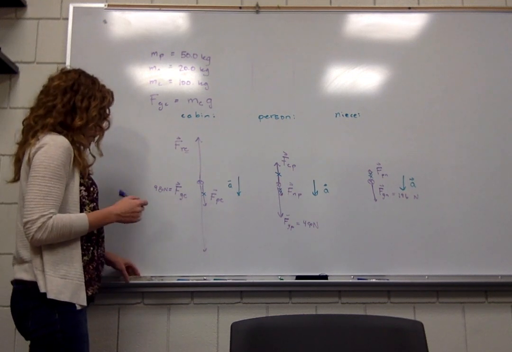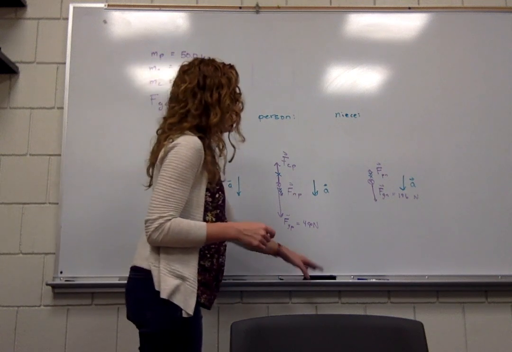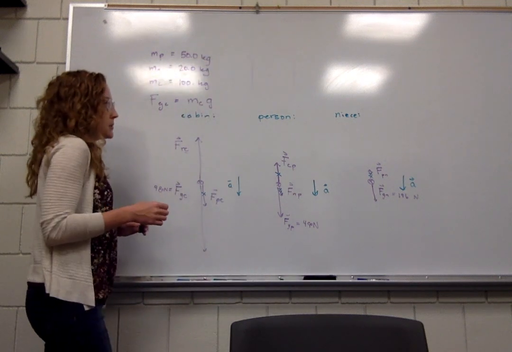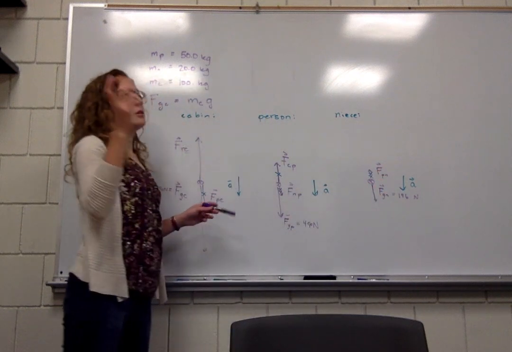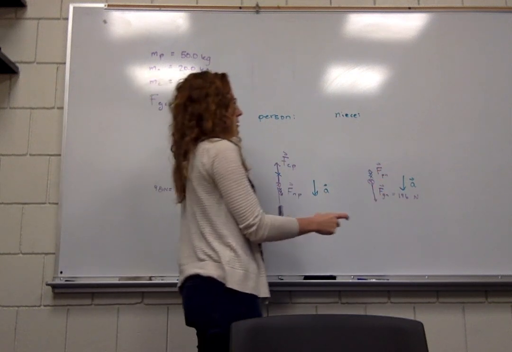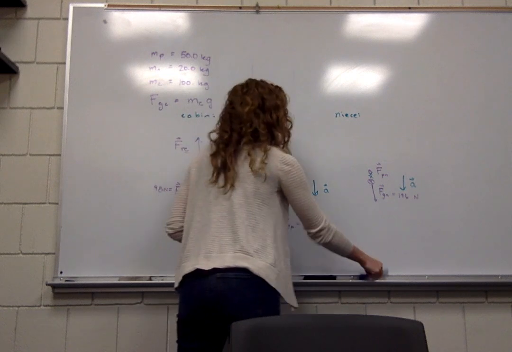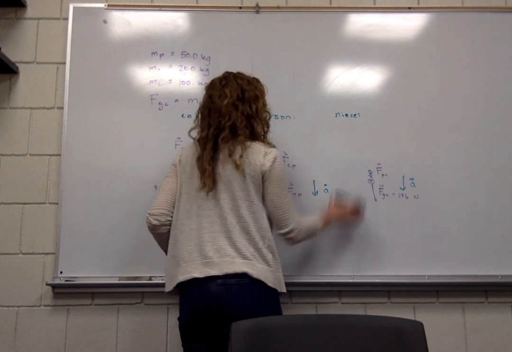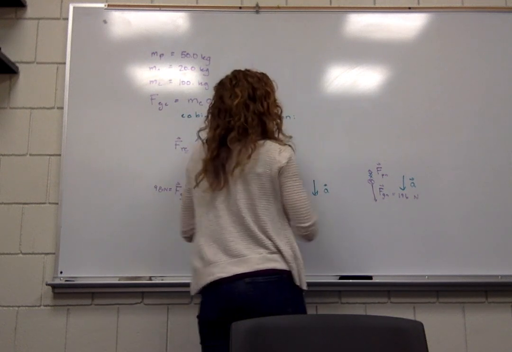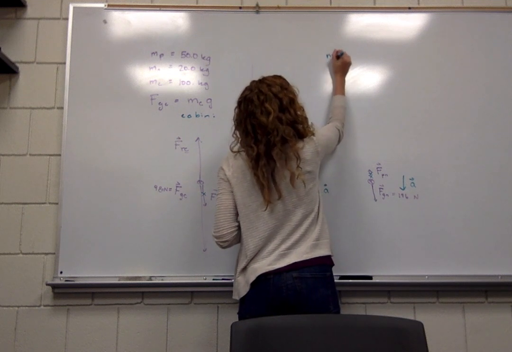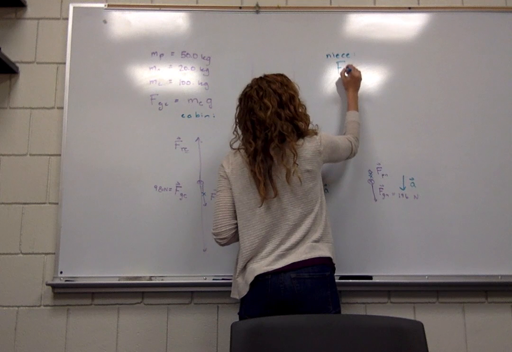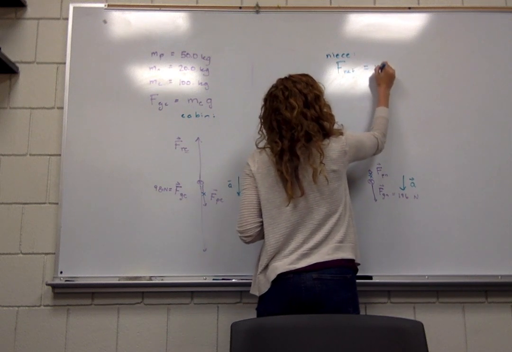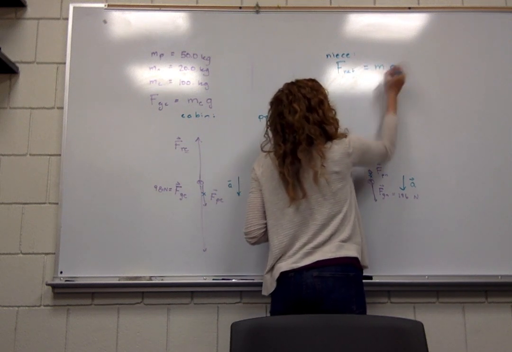So now we can actually use F net equals MA for each of these individuals. And the key here is not forgetting the net on that equation. So for the niece, I'm just going to move this up a little bit. F net equals mass times acceleration.